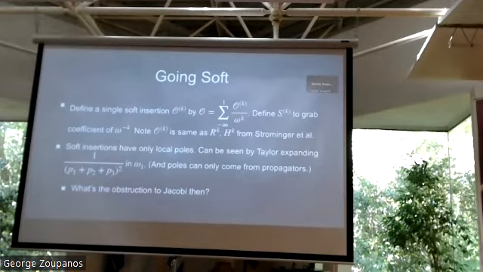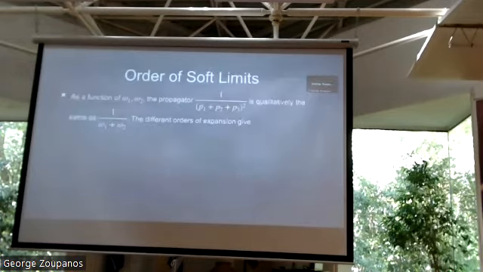Right. So if soft insertions have only local poles, then what's the obstruction to Jacobi? Well, it's that the order of soft limits matters. And this also comes from this 3-particle propagator. If you just Taylor expand it in omega 1 and then omega 2 versus omega 2 and then omega 1, you get different series.